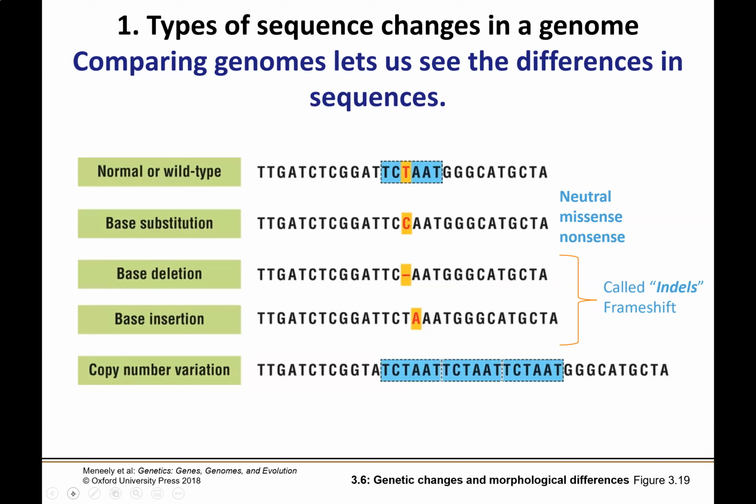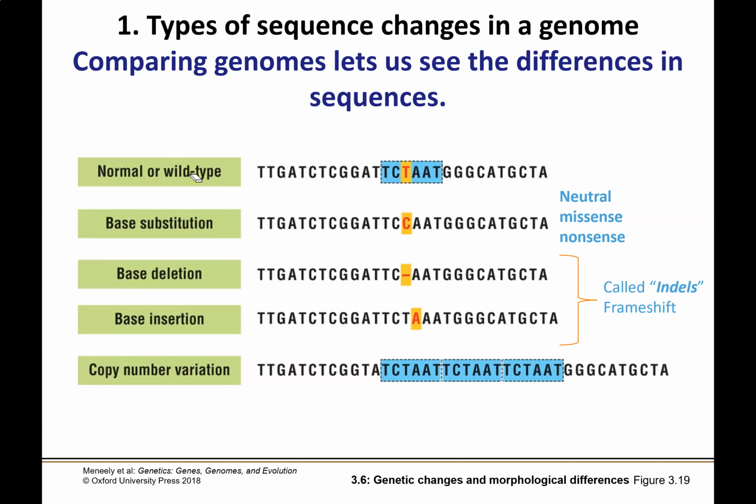So when we compare different genomes, we can see differences in those sequences. So our top sequence here is looking at this region here, and this is the normal or the wild type.